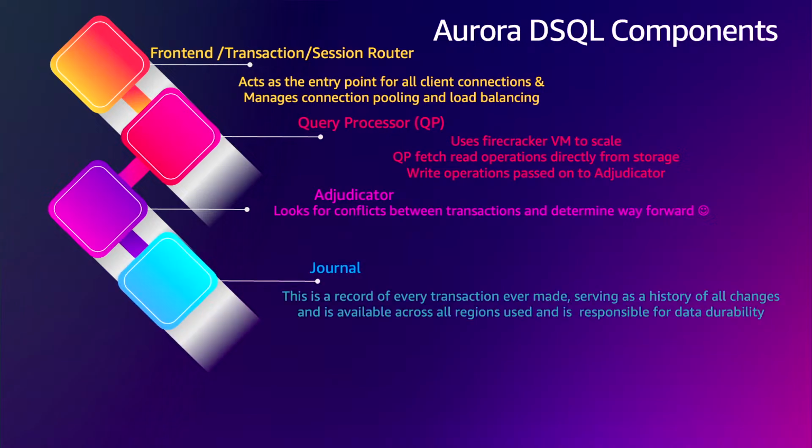Then there's the journal. This is a very important layer. Usually with normal databases, where is the data durability? It's on the storage. With DSQL, it's the journal. Every transaction that is happening has a record in the journal. For obvious reasons, that journal needs to be highly available.